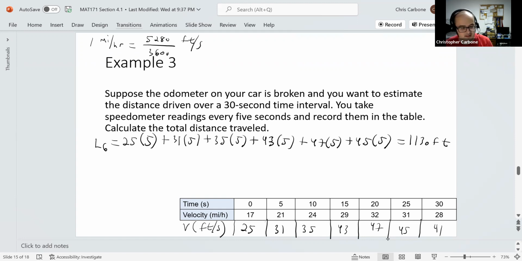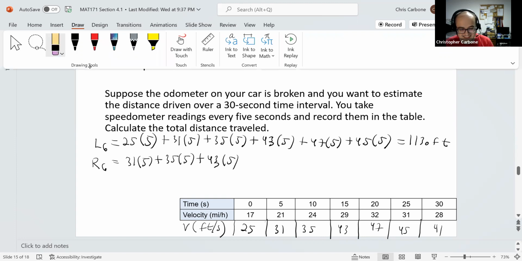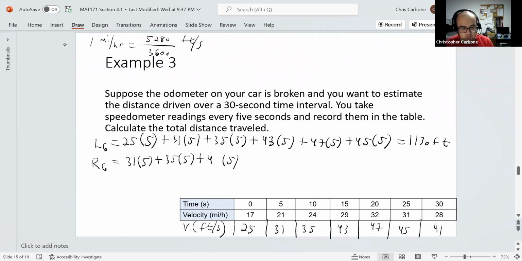as our underestimate. For our overestimate based on the right endpoints, this would be 31 times 5, plus 35 times 5, plus 43 times 5, plus 43 times 5, plus 47 times 5, plus 45 times 5, plus 41 times 5.